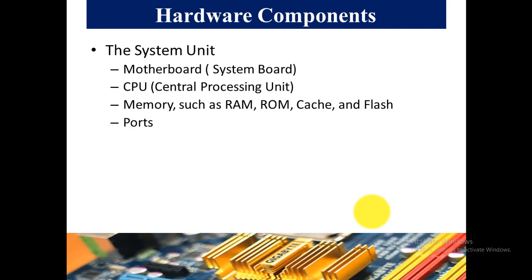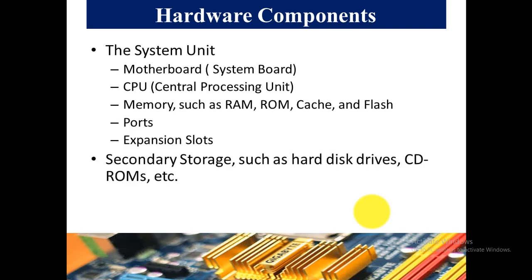Then there are multiple ports available on the system unit. There can be expansion slots that are basically used to transfer data between the different components to synchronize the tasks and operations. And then there are secondary storage devices such as hard disk drives, CD-ROMs, floppy disks, etc. There are multiple input and output devices like keyboard, mouse, speaker, printer, scanners, and many more.